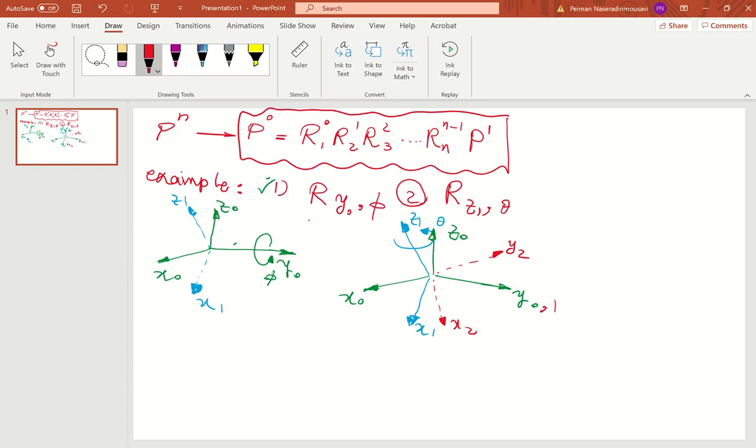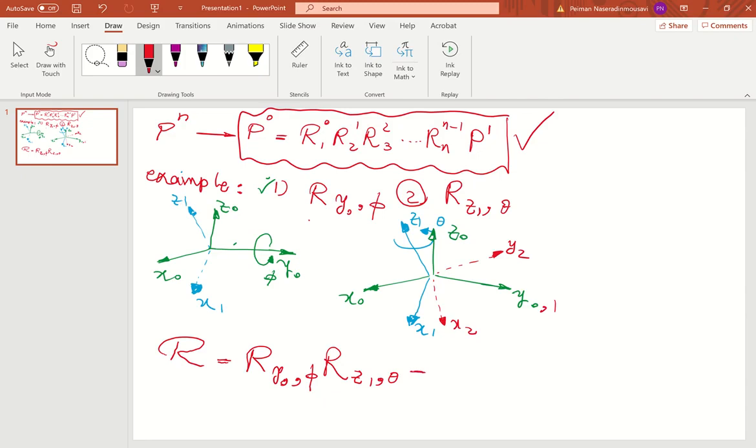Obviously, based on the formula that I found, the total rotation is r y0 and phi multiplied by r of z1 and theta.